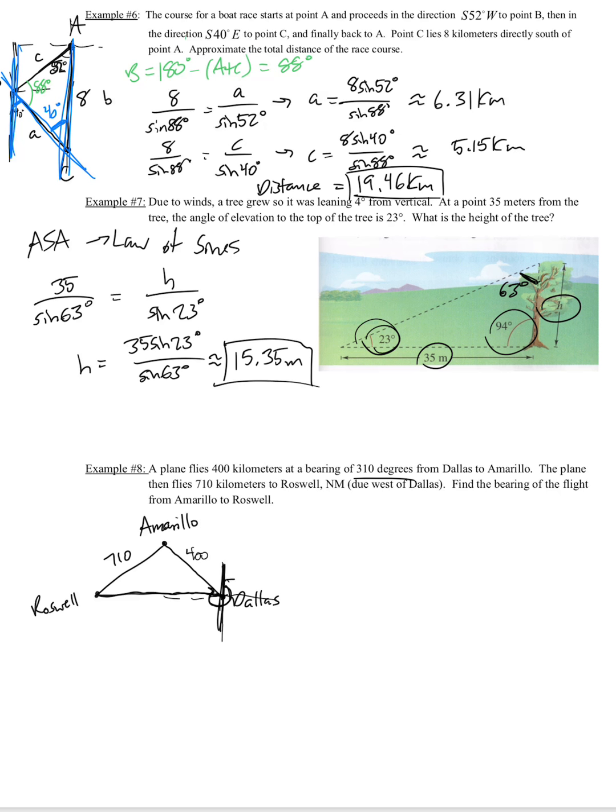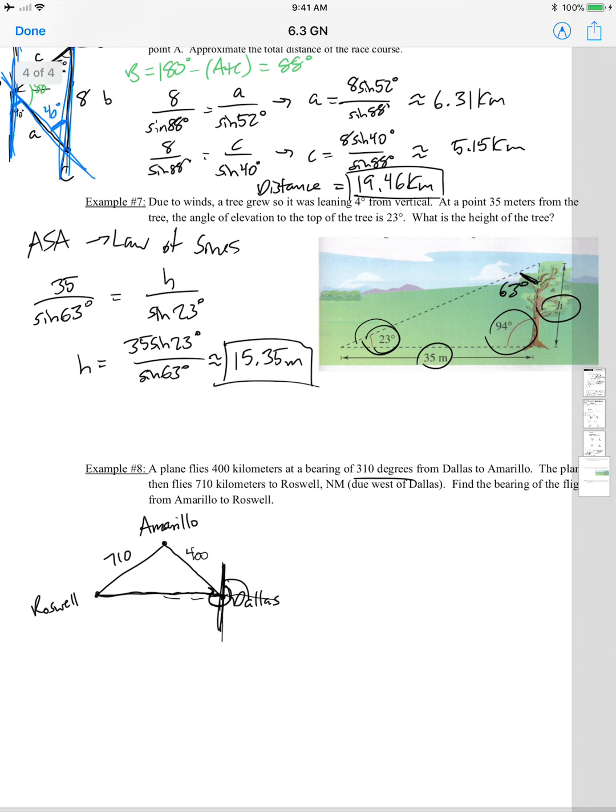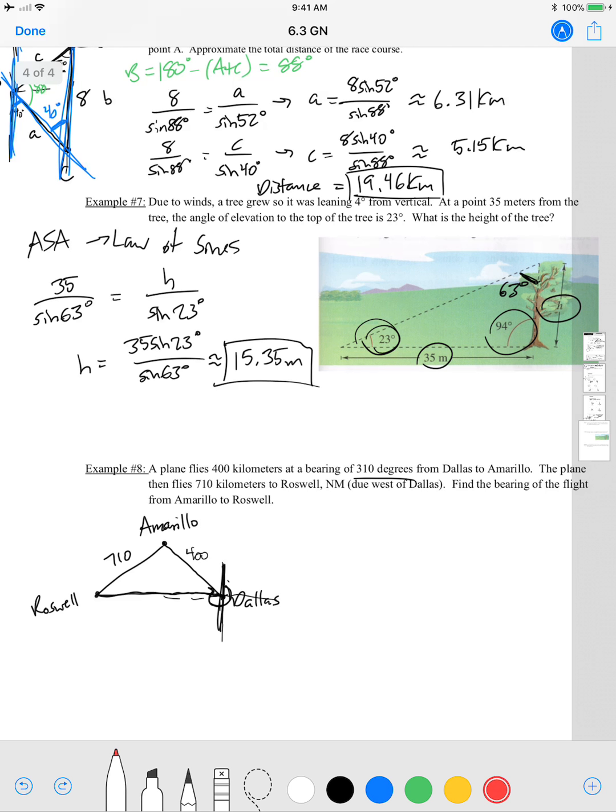So if I see here rotating, I'm going to use another color again. I rotated 270 degrees and then the rest of the way to get to 310. In other words, this angle in here is 310 minus 270, or 40 degrees. So that's a 40-degree angle.